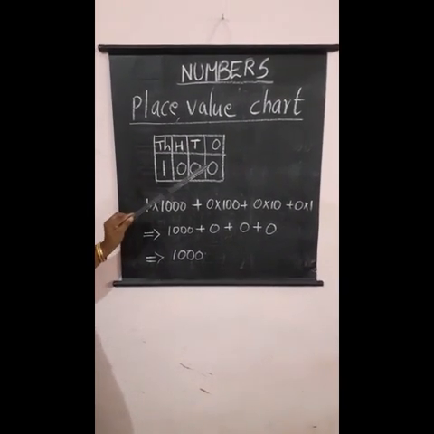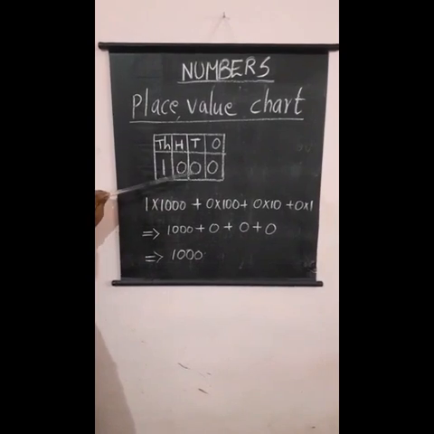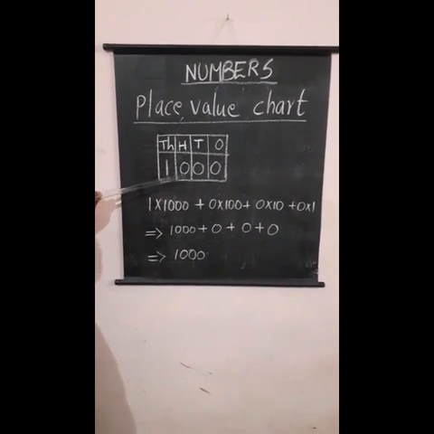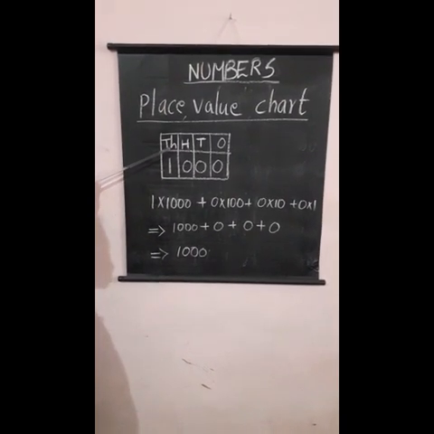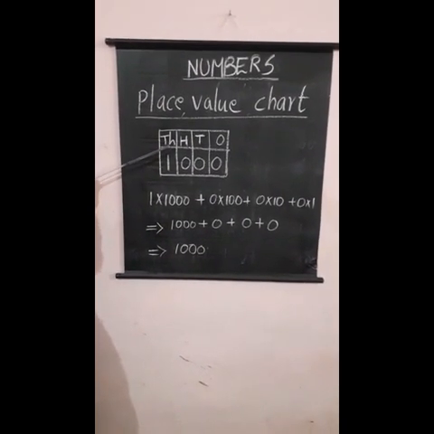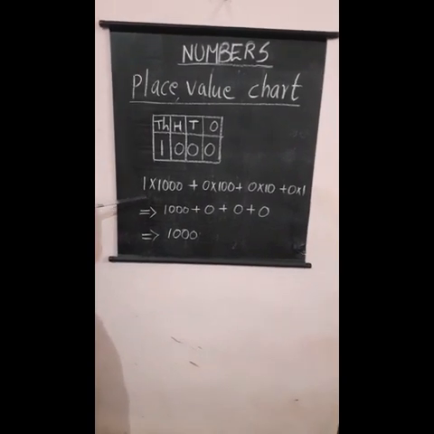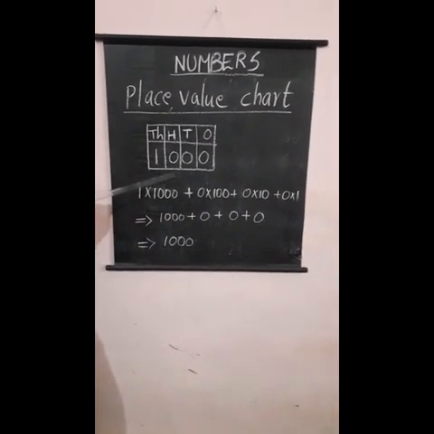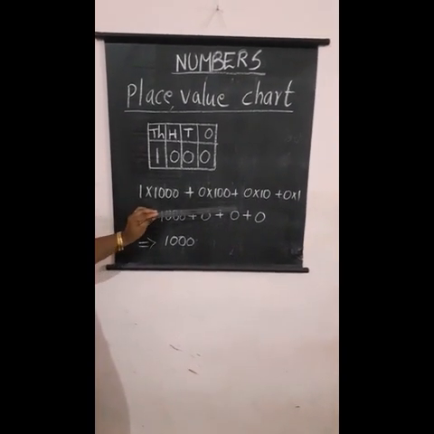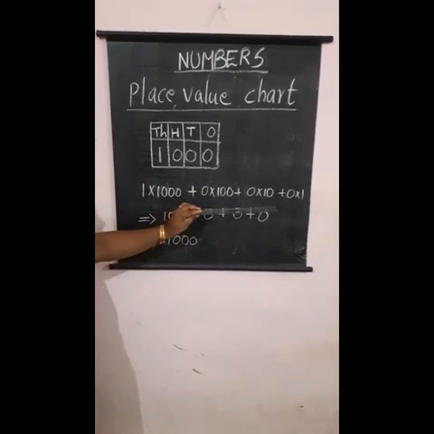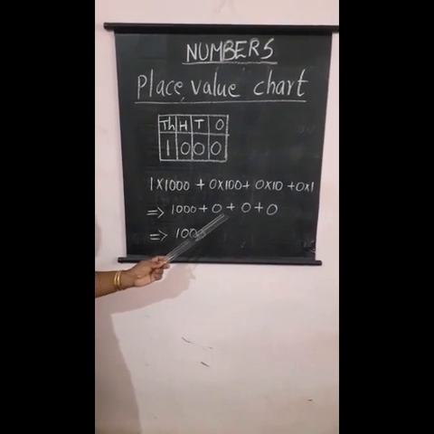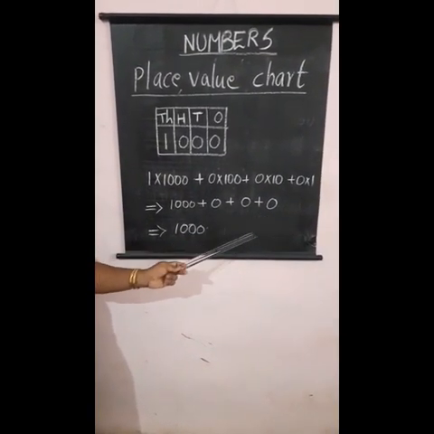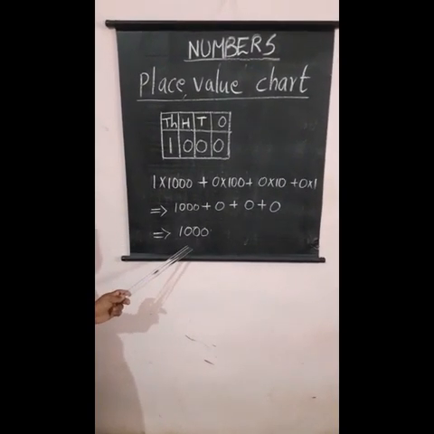See, here 0 in ones place, 0 in tens place, 0 in hundreds place and 1 in thousands place. TH for 1000. That means 1 into 1000 plus 0 into 100 plus 0 into 10 plus 0 into 1. That is 1000 plus 0 plus 0 plus 0. The final answer will be 1000.